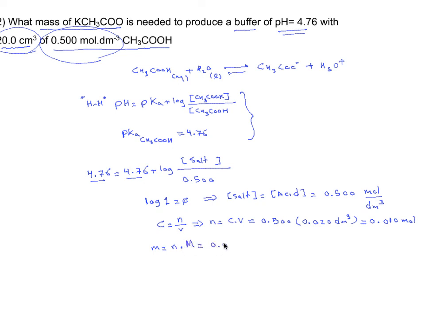So it's 0.010 multiplied by, now you have to calculate, so this is 39.1 plus 1 carbon 12.01 plus 3 hydrogen 3.03 plus another carbon plus 2 oxygen 32. When you add it up, you get about 98.15 grams per mole.